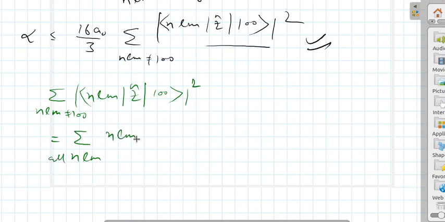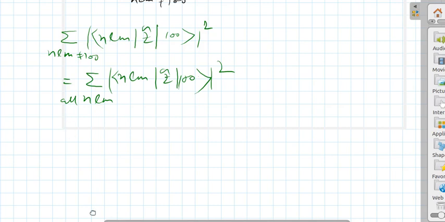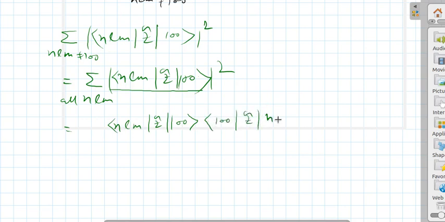That whole mod square can be written like this. Let me expand it, because it's a mod square, it can be written as NLM Z 100 and 100 Z NLM.